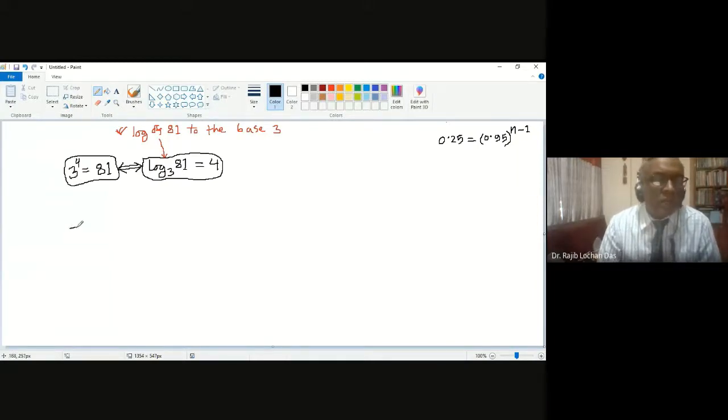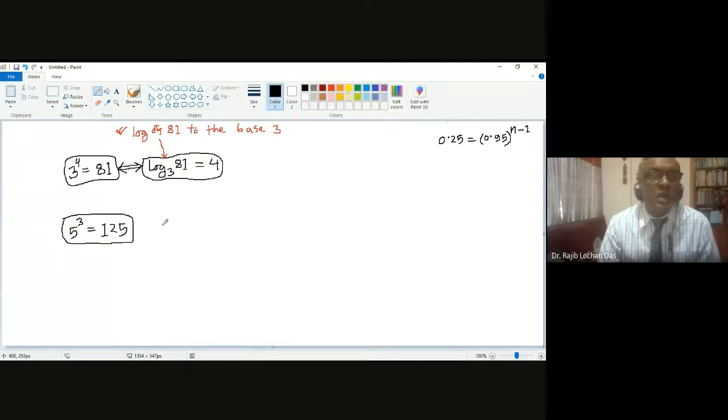Say 5 cube. What is 5 cube? You already know this is 125. 5 cube means 5 into 5 into 5, and it is 125.